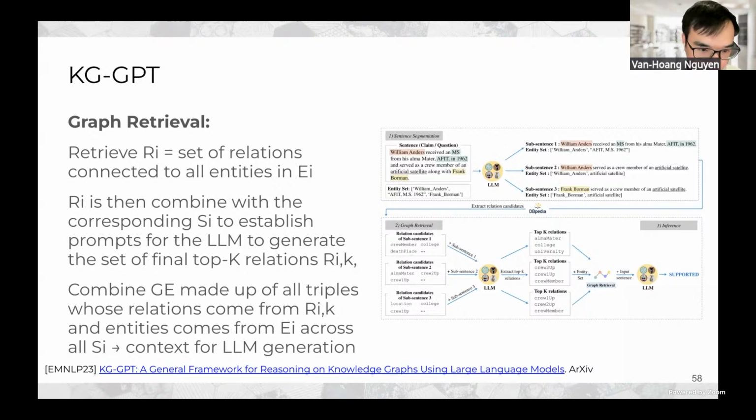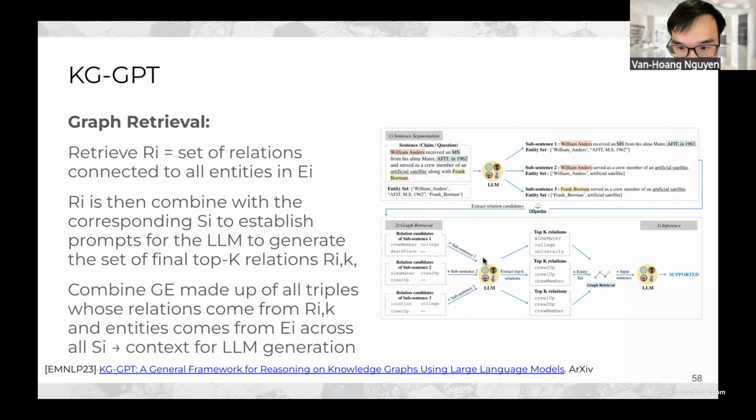And we combine the subgraph made up of all the triples whose relations come from R_i^K and the entities come from E across all the different sub-sentences. And this will be the context that we use for LLM generation.